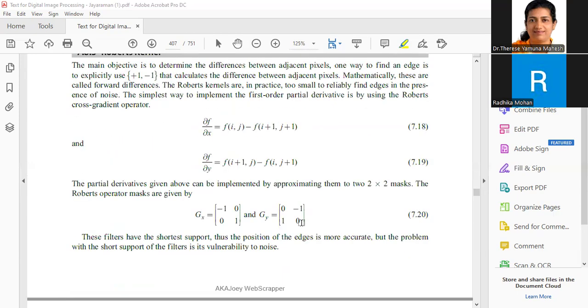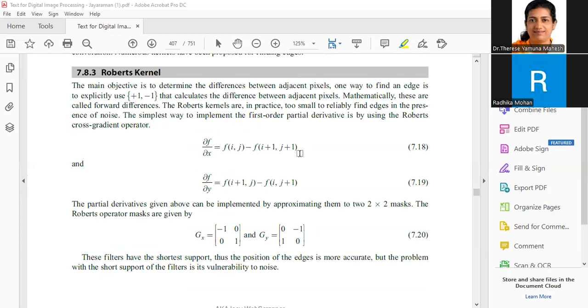Roberts kernel is just the 2 by 2 mask. This is the equation for the Roberts kernel. These are the values that you get for x and y.